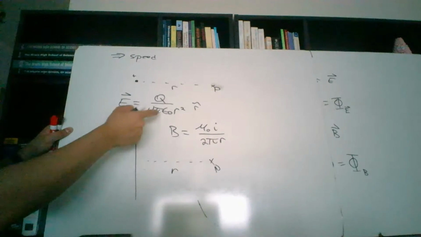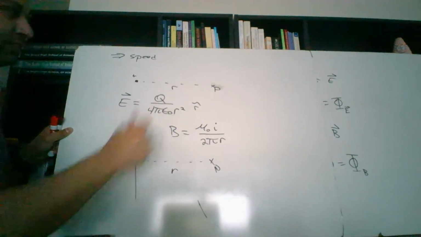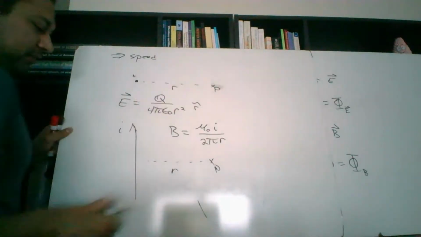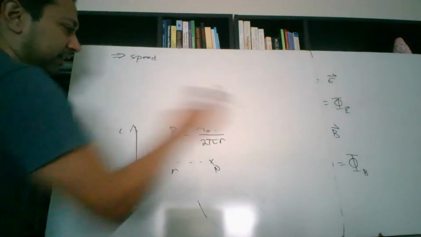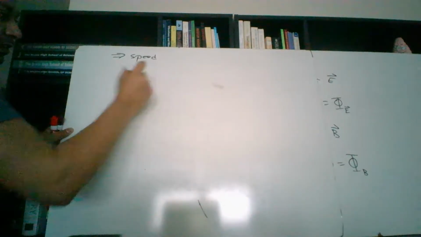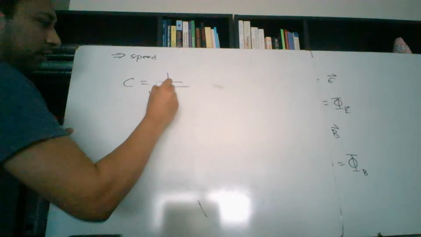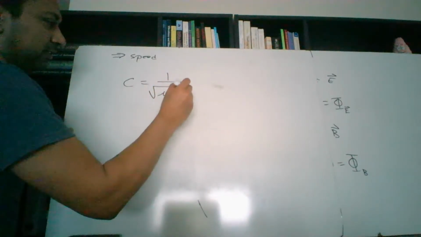I'm not going to rederive it again, but just to remind you, Maxwell looked at these ideas and he said, you know what? There's got to be something between epsilon naught and mu naught. And it turns out that c, that constant we love so much, is equal to the square root of mu naught times epsilon naught.